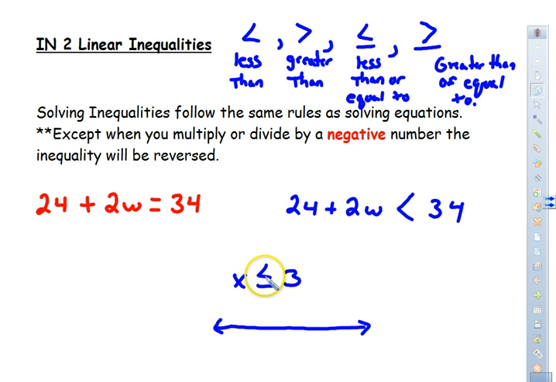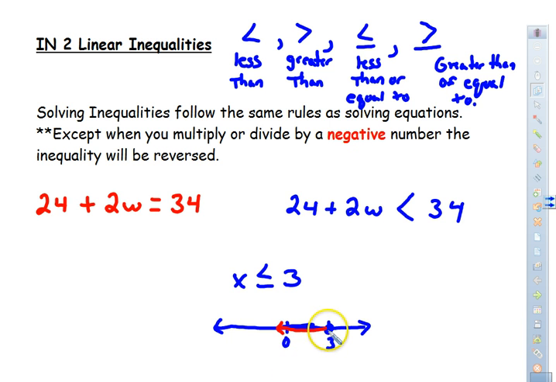And x saying that it is less than 3, here's 0, here is 3. If it is less than or equal to, okay, then it is going to include the 3, and it is less than that number. So I'll draw my line pointing this direction.